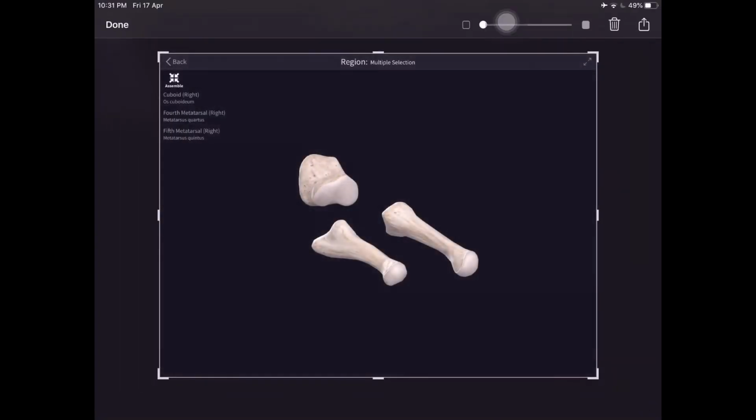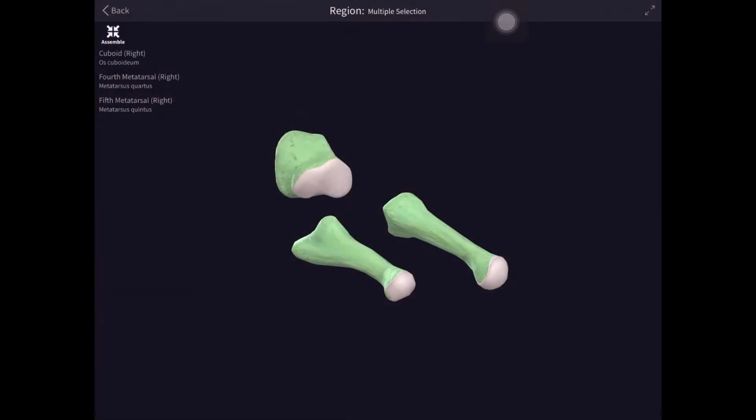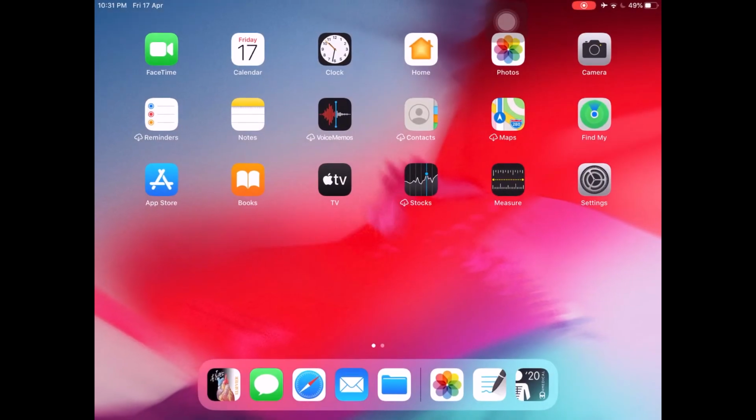If I draw it here, so you can see here this is a little bigger, and this is triangular. So this is for your fourth, this is for your fifth. So this is the fifth metatarsal, this is fourth metatarsal. So that's your articulation and the joint.